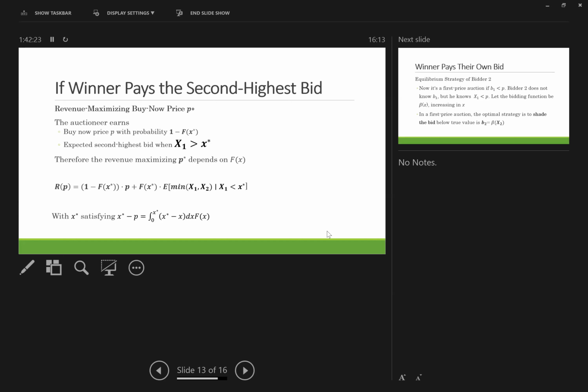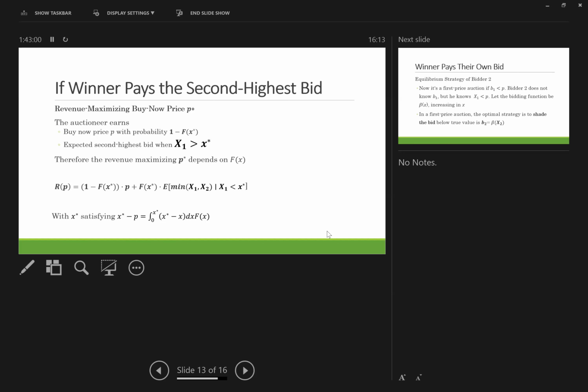Okay, so if X1 is greater than the cutoff, then obviously the revenue that will be derived at the end of the day would be P. Then we could have a case where X1 is less than that, less than the cutoff.